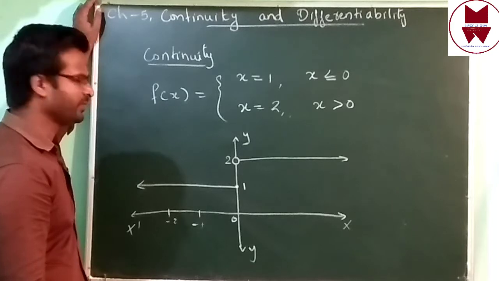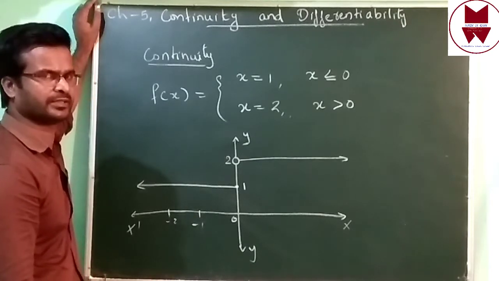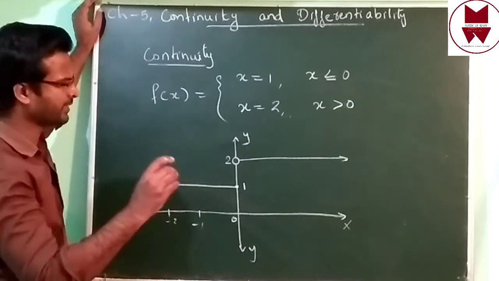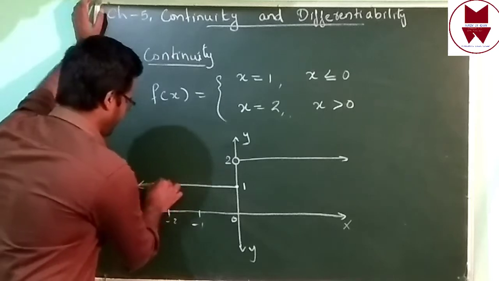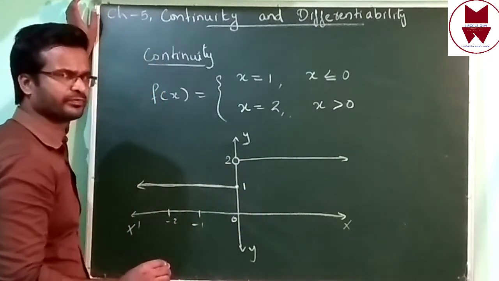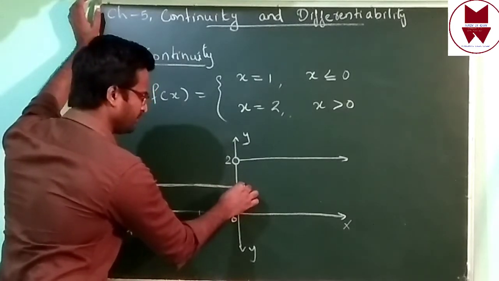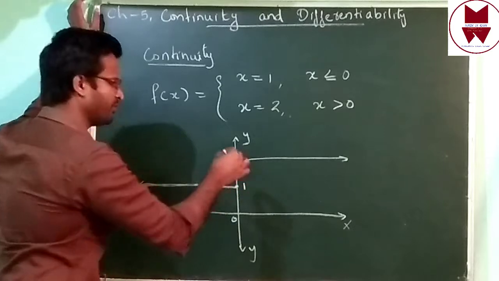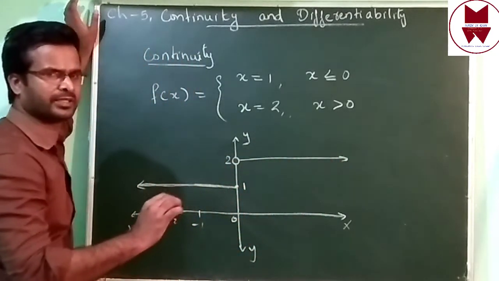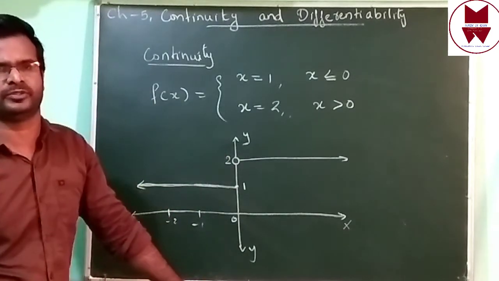Then, what is continuous? Is this function continuous or not? How can you check? If you can draw this graph without taking your pen off, can you complete this graph? Check it. If you draw it like this, then again we have to lift the pen, and only then can we draw the next part. That means this function is not continuous.